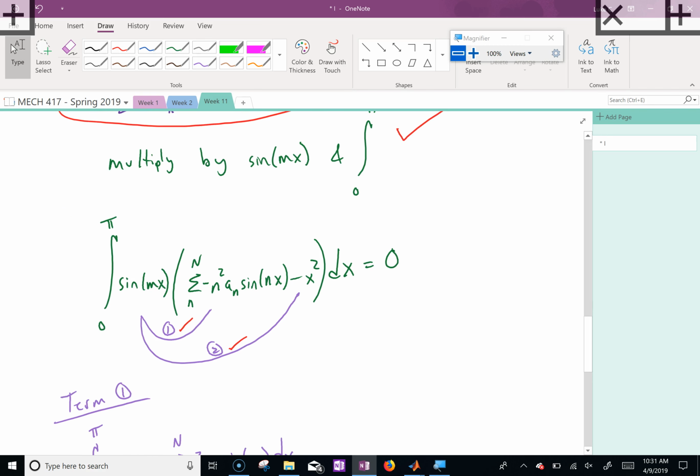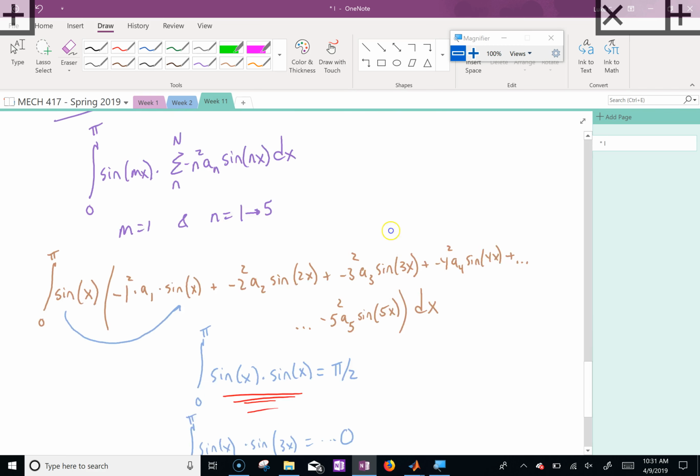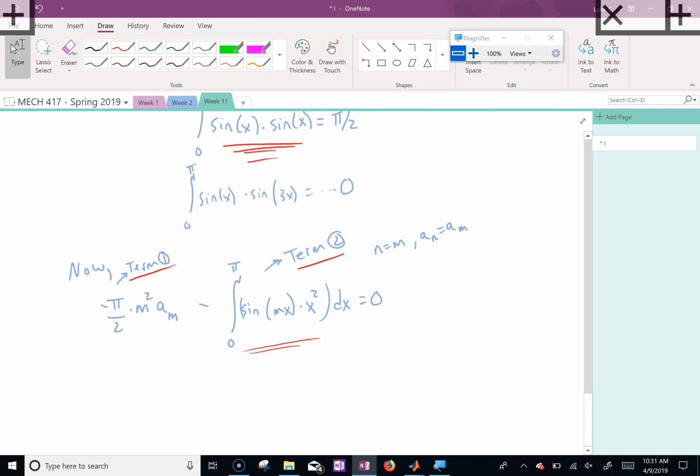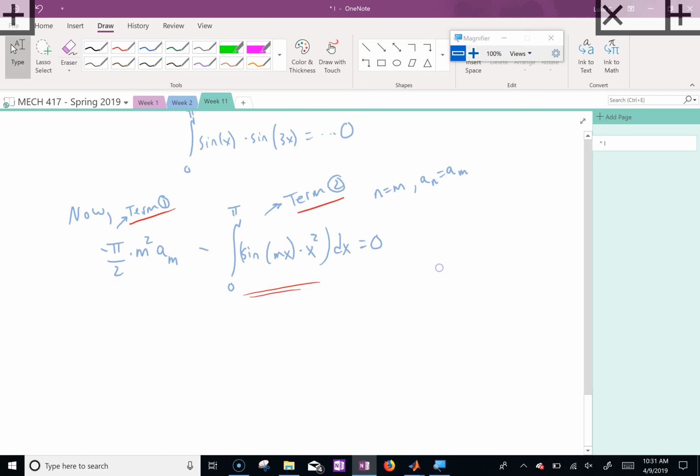Okay? We did that. We had 2 terms. The next step into these is to see if you can simplify things. And we can. The first term actually completely simplifies to negative pi over 2 m squared times am. We can find that. That's easy. Over on the right, it's just an integration. What you need to do is you need to solve for am.